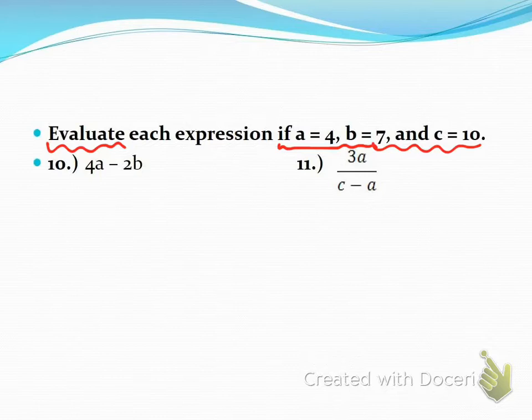Evaluate if A equals 4, B equals 7, and C equals 10. That will apply to both of these problems. When we evaluate, I mentioned this yesterday, it's important that we remember that we have to plug in or substitute, then simplify.